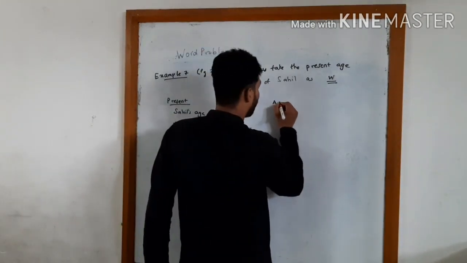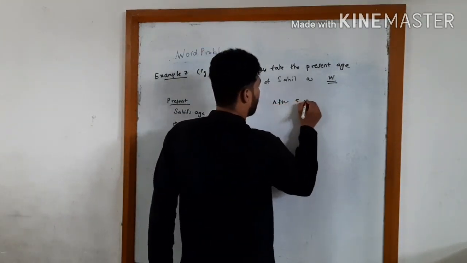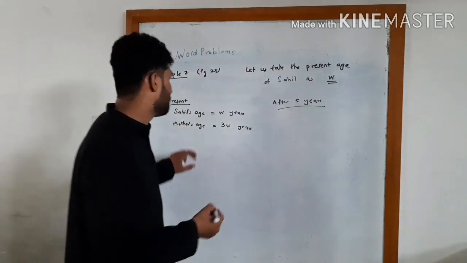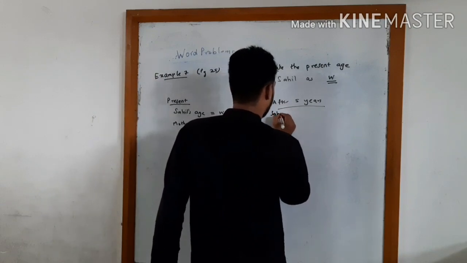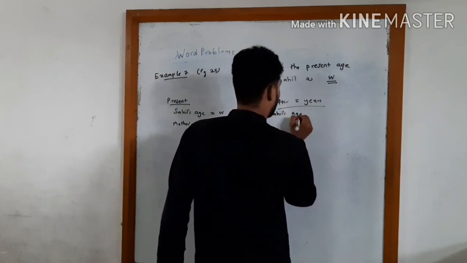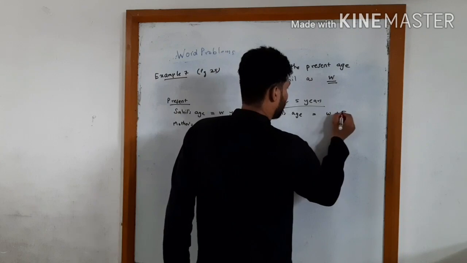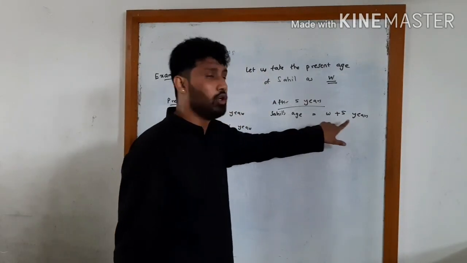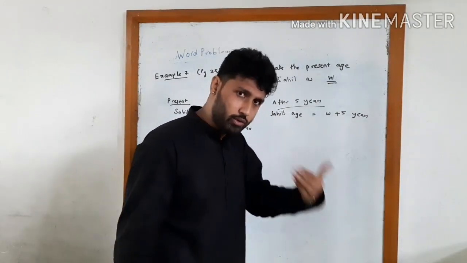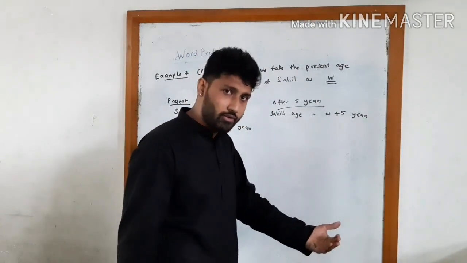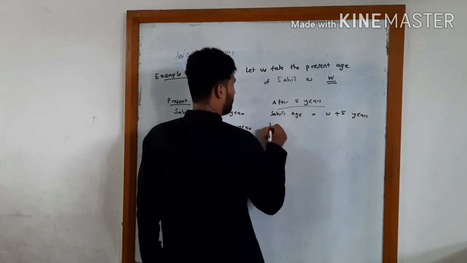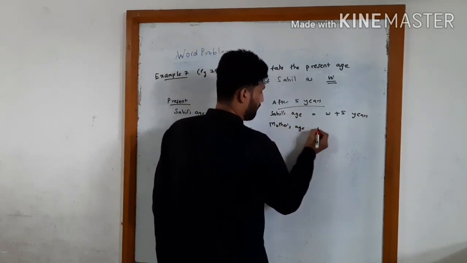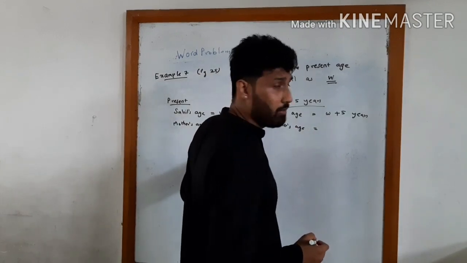Now after 5 years, what will happen? Sahil's age will be W plus 5 years. After 5 years, Sahil's age will become W plus 5 years. You add 5 to the present age to get the age after 5 years, and mother's age will be 3W plus 5.